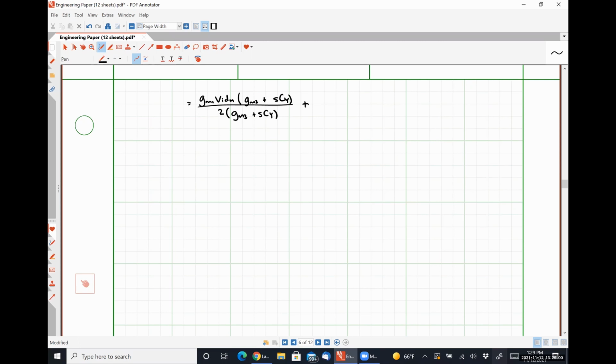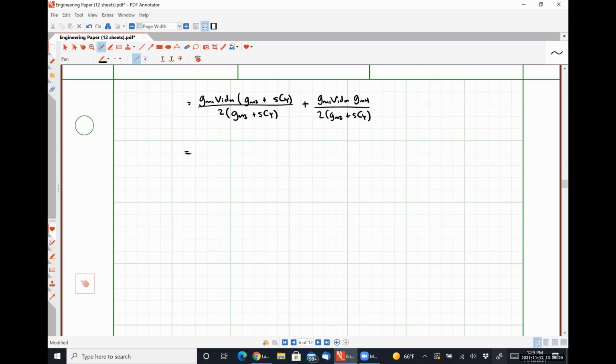And then over here on the right-hand side, it's still going to be GM1 VIDM GM4 divided by twice GM3 plus SCY. And so now, since both fractions have the same denominator, I can lump them together. And I am going to factor out a term of GM1 VIDM.